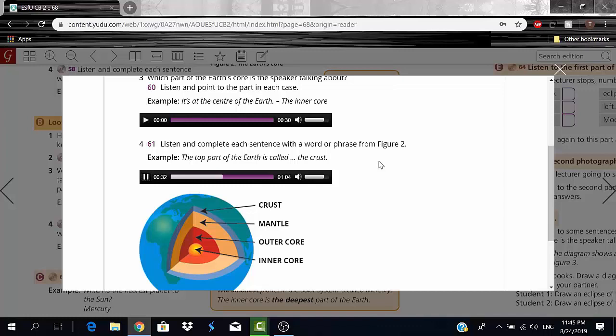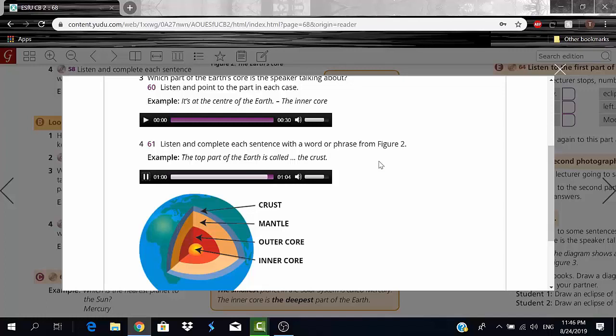Next to the inner core is the outer core. 4. Between the crust and the outer core, there is a layer called the mantle. 5. The mantle is above the outer core. 6. The mantle is below the crust.